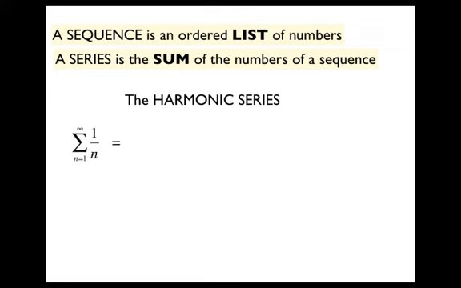Who's up? Jacob, tell me. When I see that, of course, you get 1 over 1 plus 1 over 2 plus 1 over 3, and so on. Right, good. This is what you should think when you see that: 1 plus 1/2 plus 1/3 plus 1/4 plus 1/5, etc.